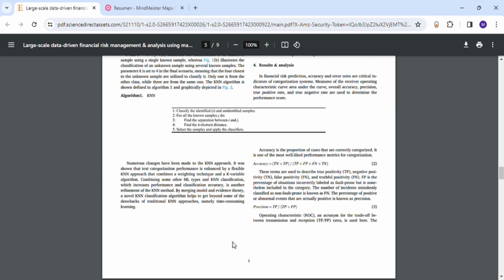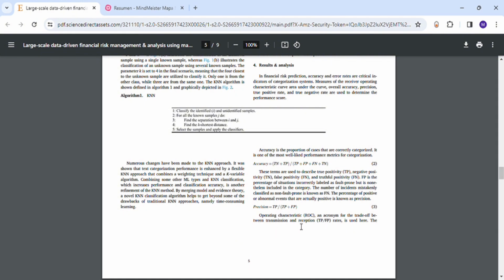FP is the percentage of situations incorrectly labeled as fault prone but that are nonetheless included in the category. The number of incidents mistakenly classified as not fault prone is known as FN. The percentage of predicted abnormal events that are actually positive is known as precision.